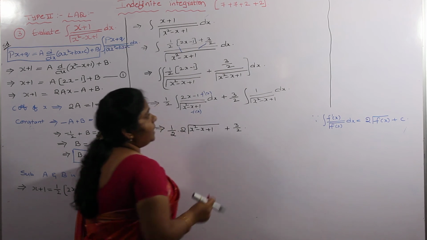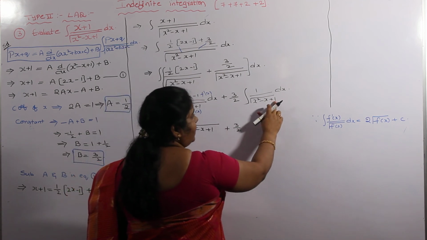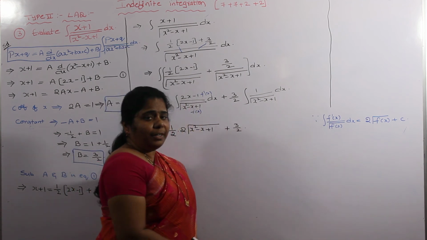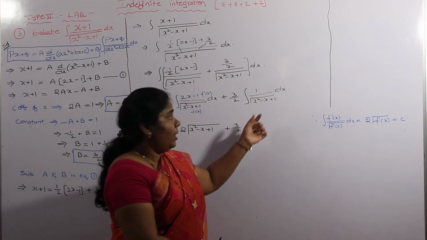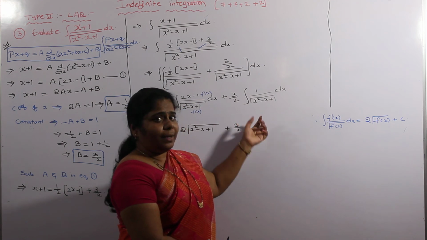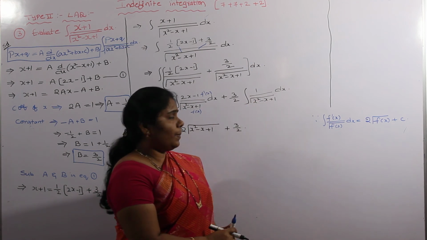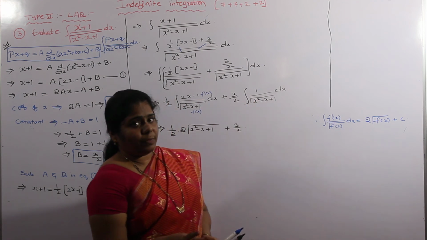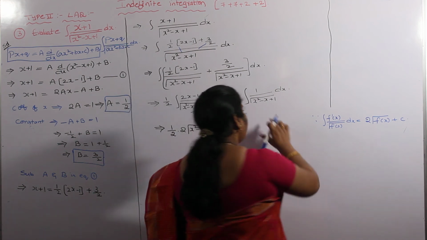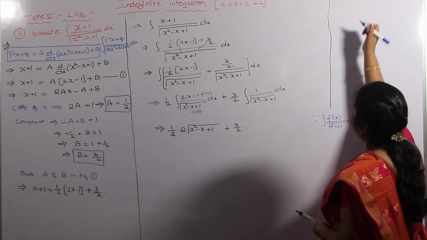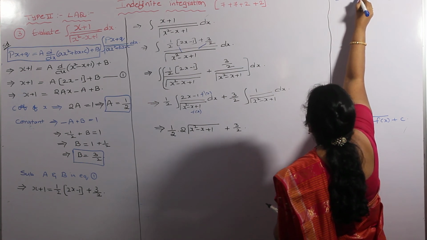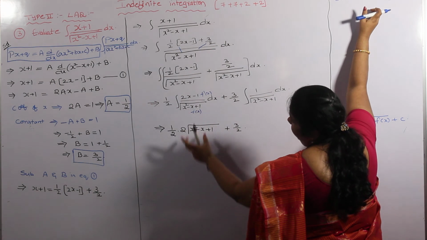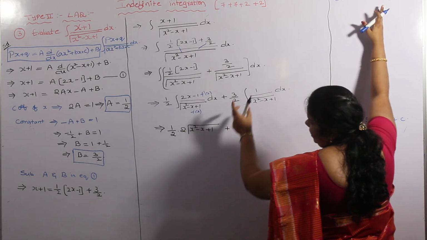This is 1 by root over x square minus x plus 1. Actually this is converted into 1 by root over a square minus x square by the completing square law. 1 by root over a square minus x square, or a square plus x square, or x square minus a square. For that we have considered this function. Consider this, this integration is completed. Take it as it is, no need of change. 3 by 2.